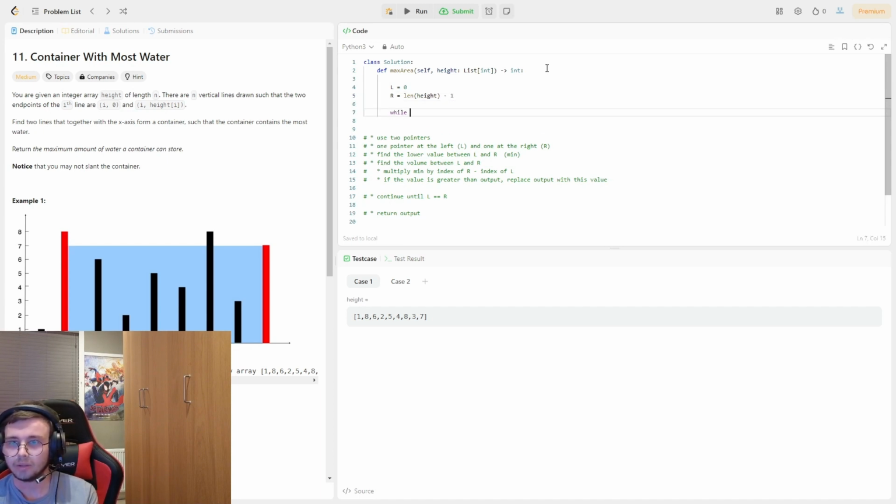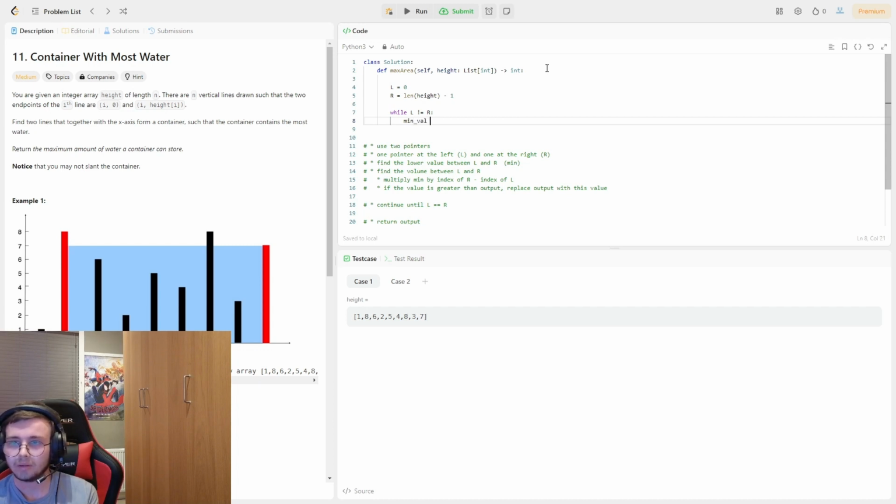Then we're going to do while L is not equal to R, we're going to say min val is equal to min of height L and height R.